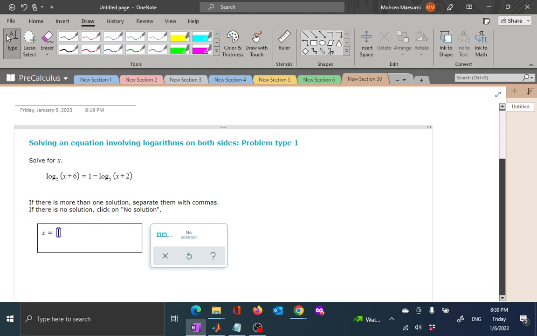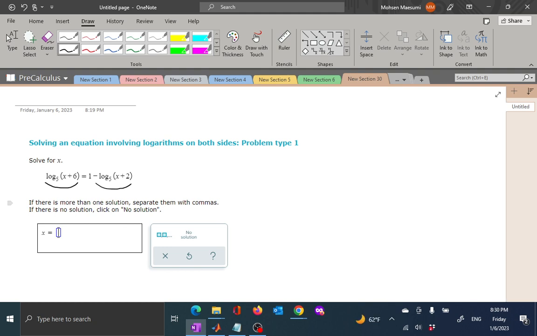What does that mean? Well, here I have a logarithm here, another logarithm here. I want to combine them into a single one, but they better be on the same sides for the combination to work. So logarithm of 5 of x plus 6, I take this thing to the other side or add that expression to both sides.